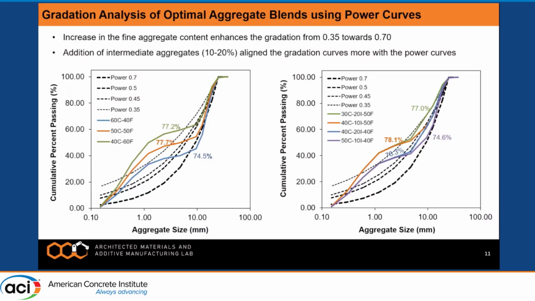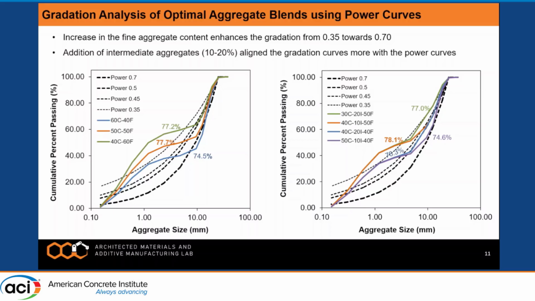So we plotted all binary blends, the best binary blends and the ternary blends with these power curves, and what we see is that with the binary blends, as we increase the amount of fine aggregates, we have much denser packing, but in all the three cases, we see that there's a big gap in between, and it doesn't fit exactly these power curves.